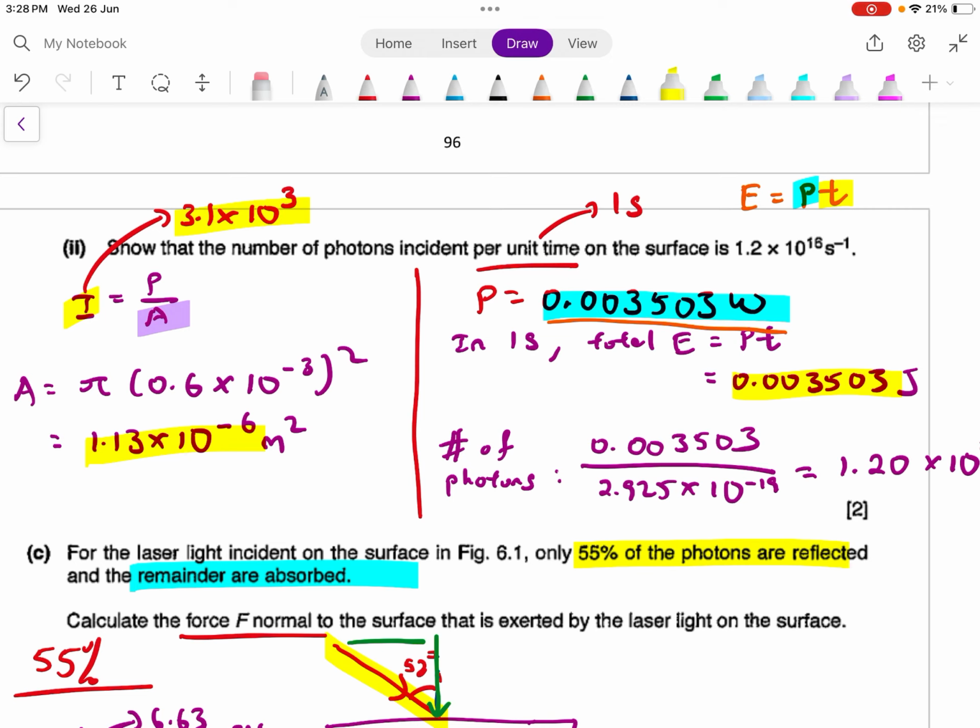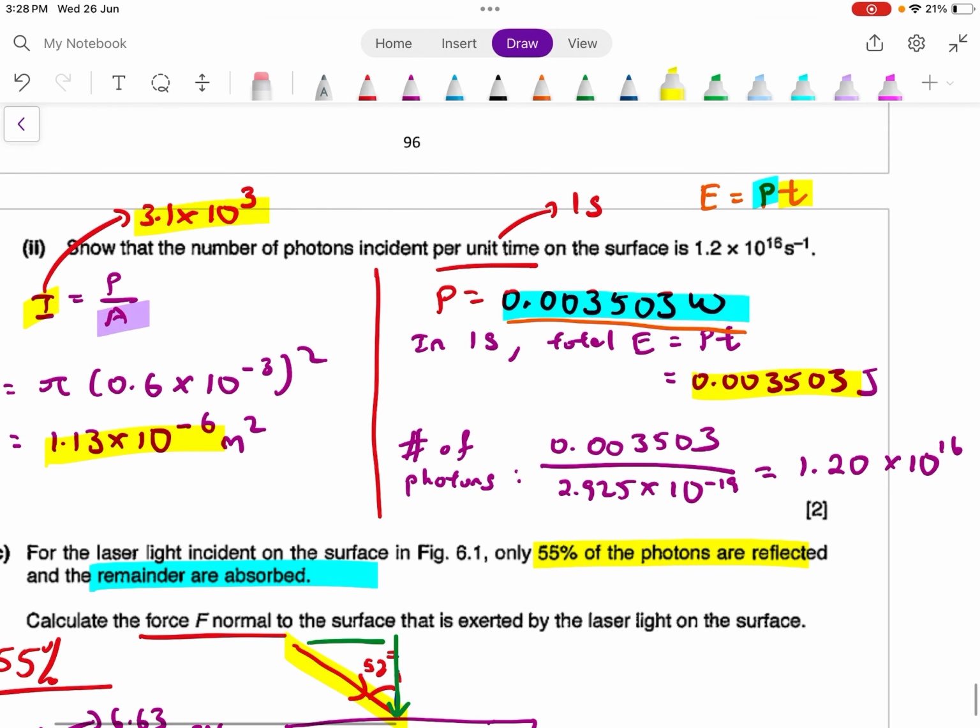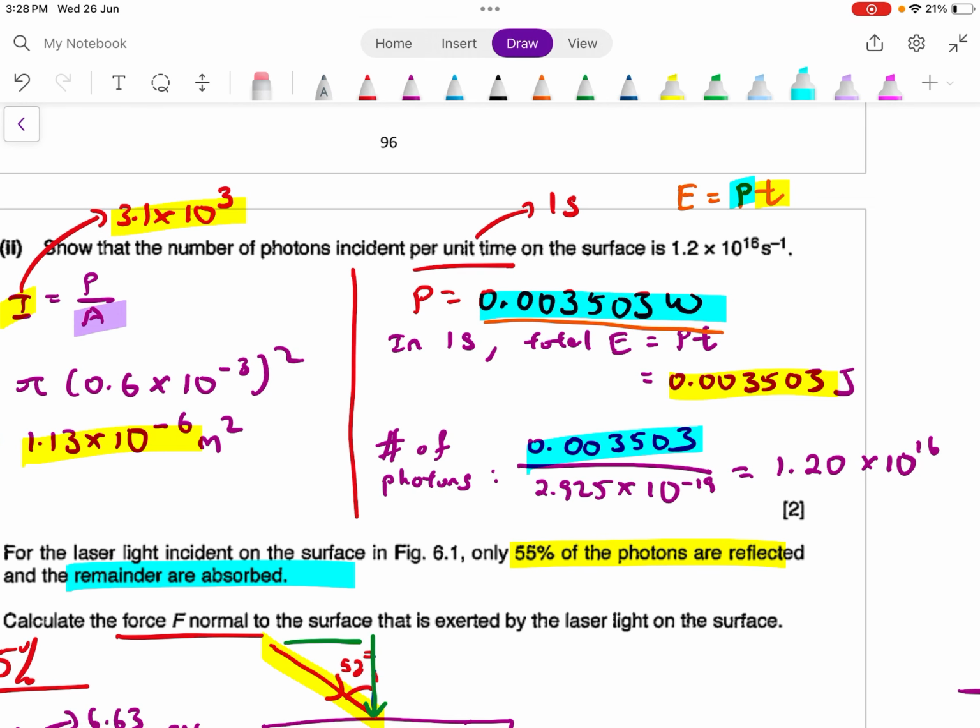With this, you can calculate the total number of photons, because one photon has an energy of about 2.925 times 10 to the power negative 19. In 1 second, I have a total energy of 0.003503, so you just do the division. The total number of photons in 1 second will be something like 1.2 times 10 to the power 16. So it's shown already. As long as you are able to show, then you'll be given the credit.